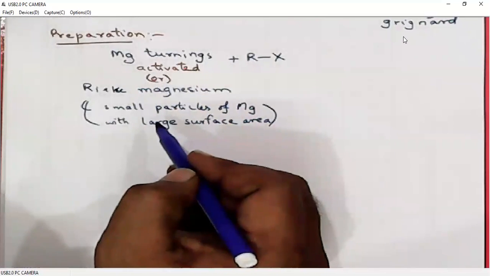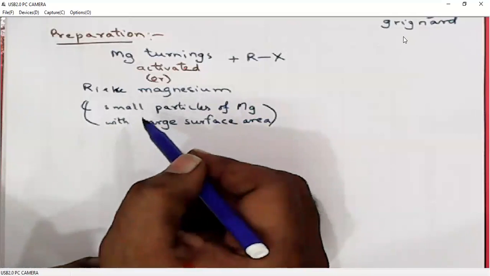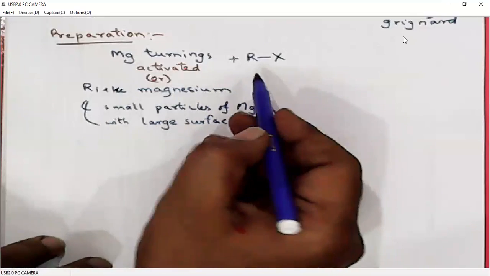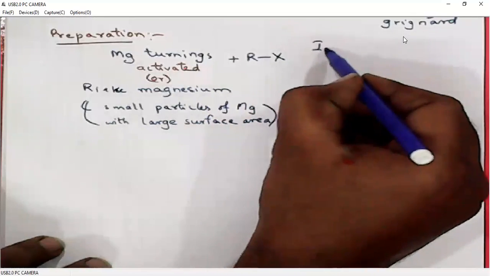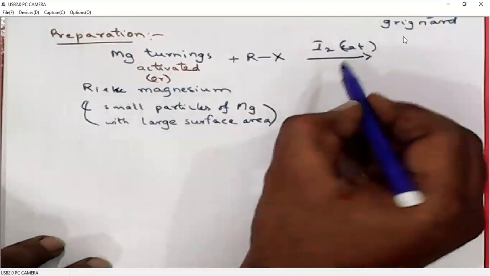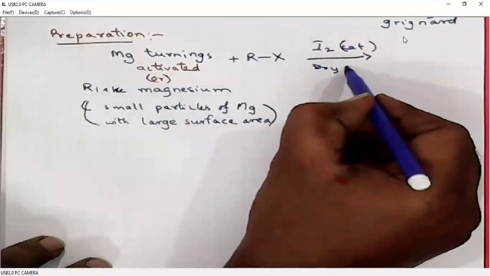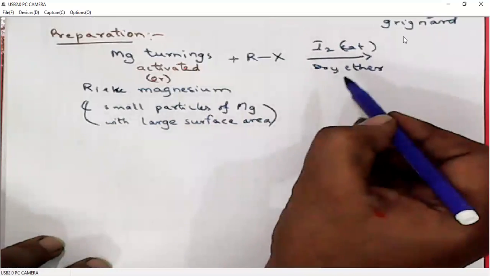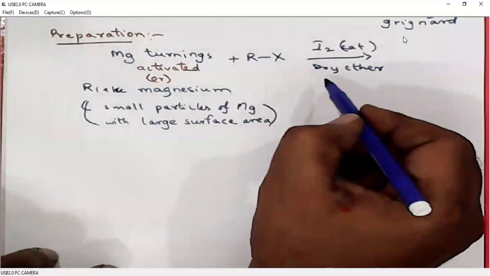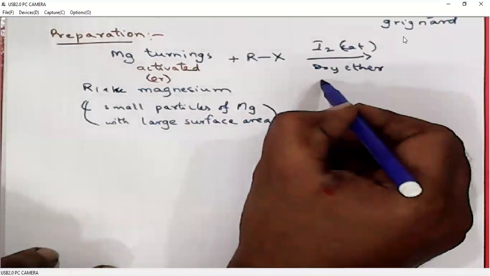How do we prepare Grignard reagents? We will prepare Grignard reagents by reacting magnesium turnings with alkyl halide in the presence of a small amount of iodine catalyst in dry ether. Generally, the best solvent for Grignard reagent preparation is dry ether.